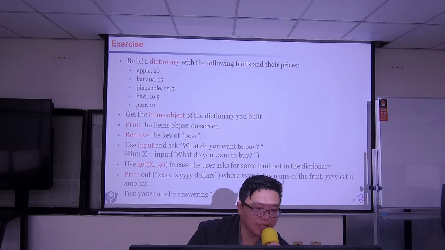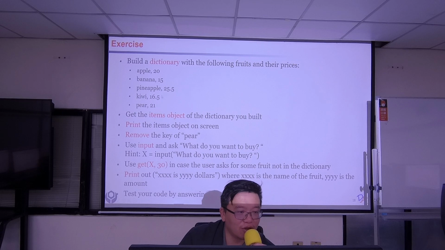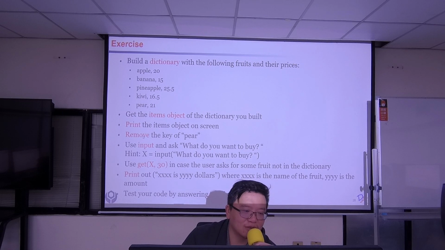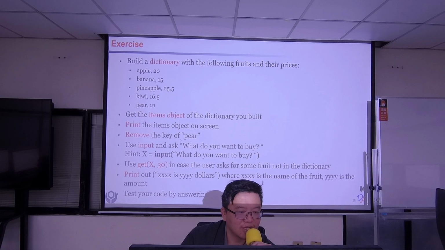After you print, the user will see all of these, but you removed one item, one key inside the dictionary. So there's no more pair inside the dictionary, and your item object is connected. The pair has disappeared.